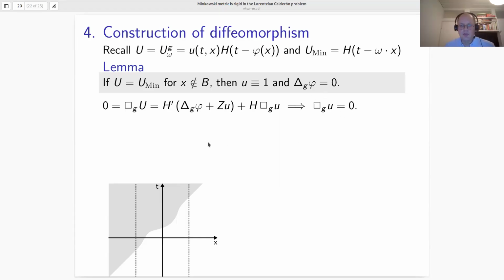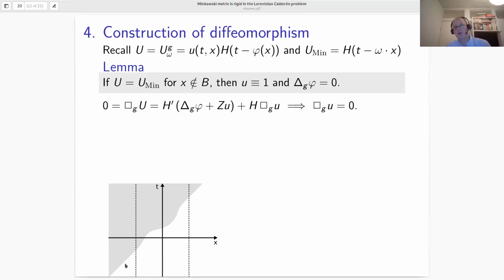Here I haven't told you what this Z is. Well, it's a vector field. You can easily compute what it is, but it's totally irrelevant because I'm going to use this fact to show that U is identically 1, and then this term will go away. And as this term has already vanished, what I see here is that the Laplacian of phi must be 0 on the interface.